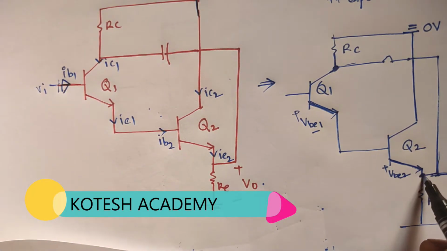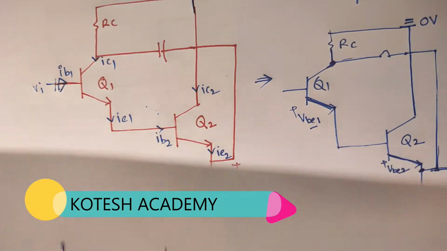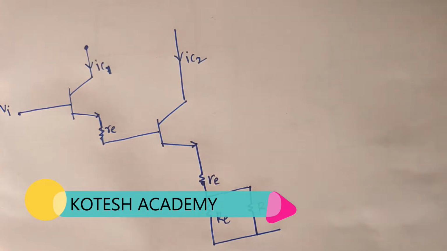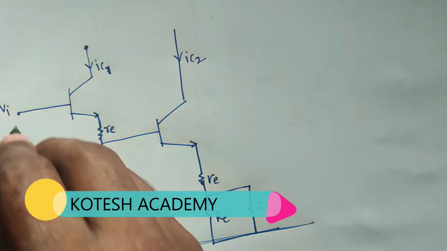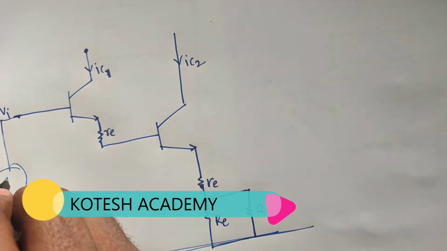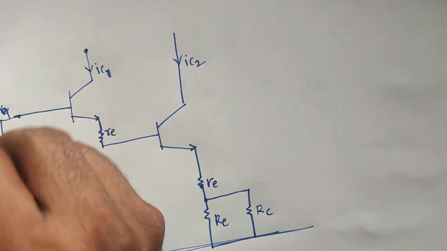Here the emitter and collector are both the same, that's why it is considered as RC. Now it is simply connected as this one is totally ground. We are applying the input voltage, and it is simply considered as my input voltage is VA, both are the same.